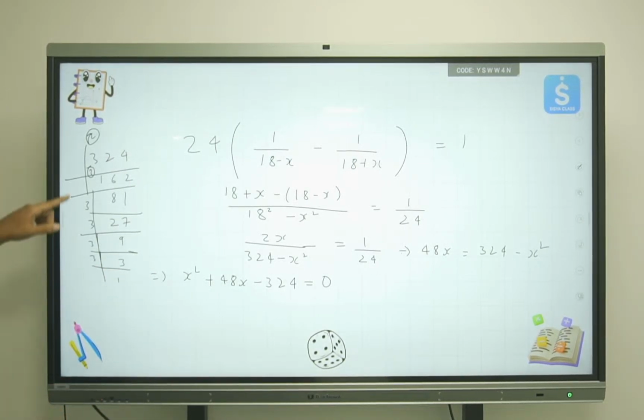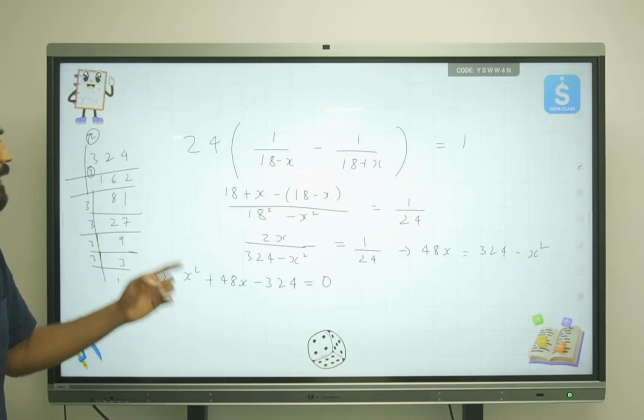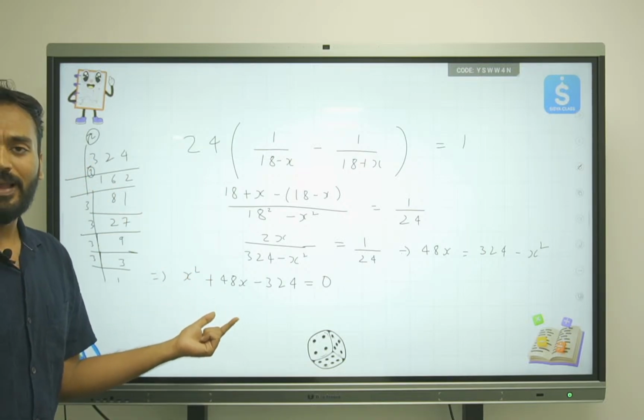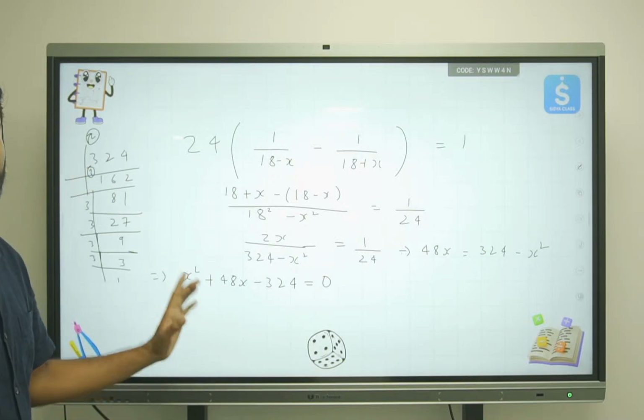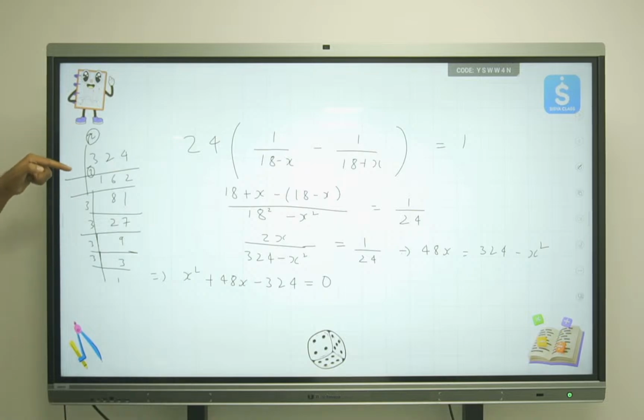Now if you look here, 2 twos are 4 and the rest comes out to be 81, 3 into 3 into 3 into 3 is 81. 81 into 4 is 324, but 81 and 4 when we add or subtract, we will not get 48. Let's try more combinations. 2 twos are 4, 3s are 12, 12 and 27?